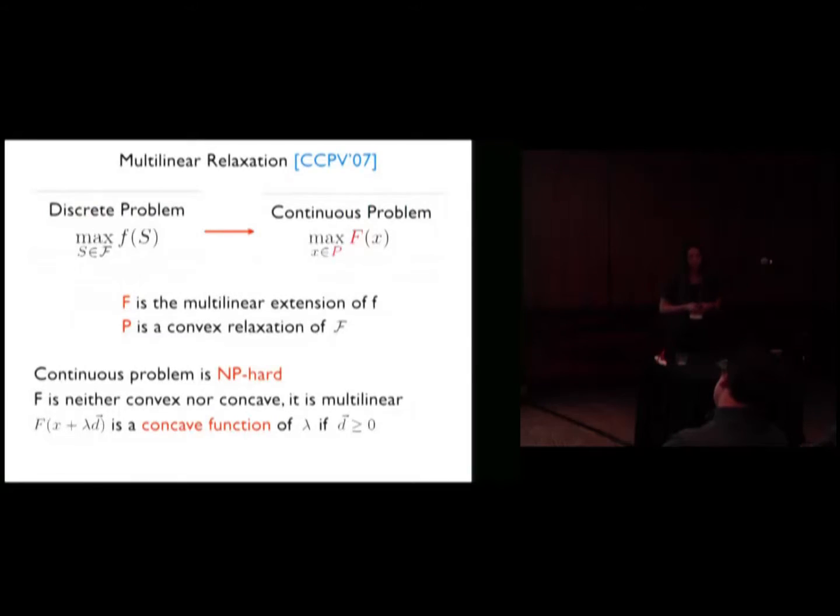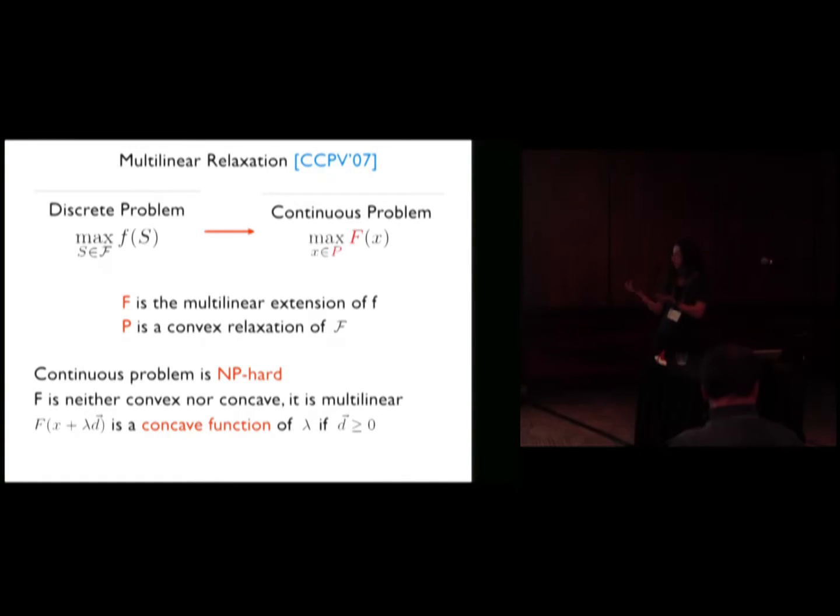Concretely, this would mean the following for us. Since submodular functions are discrete, we need to extend them to the continuous setting, so I'll use the multilinear extension. I'm not going to define the multilinear extension in this talk, because we don't need to know it, but you can think of it as a continuous extension of our function to the continuous domain.